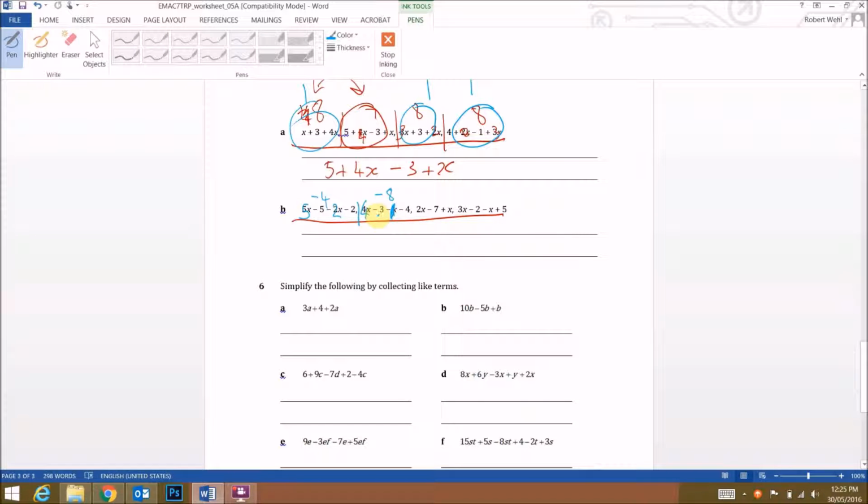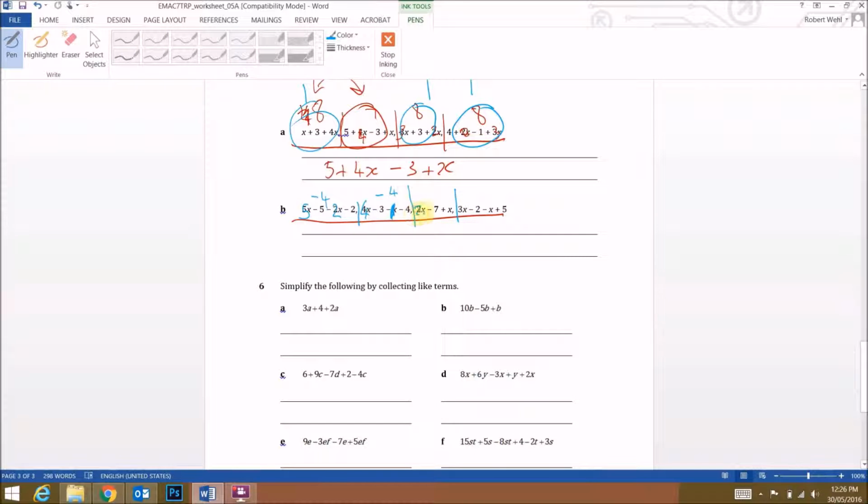Sorry, I made a mistake there. It's minus 4, because I have 4 here, I take away 3, so my answer is 1, then I take away another 1, so I get 0, then I take away 4, and I've got negative 4. So these two, the first two, are definitely equivalent. We're looking for the one that is not equivalent.